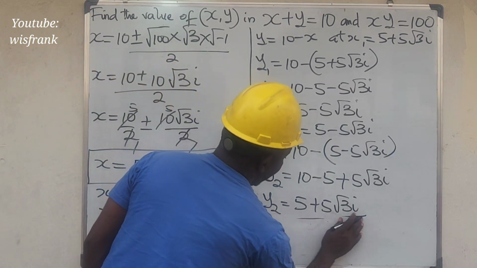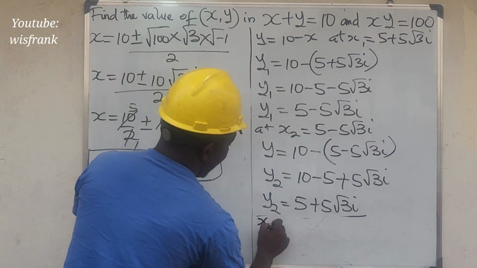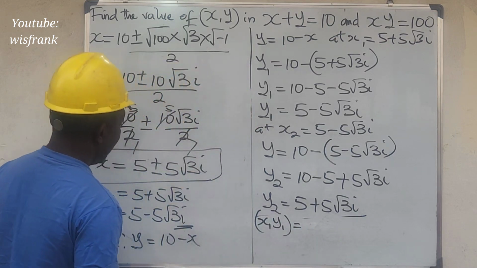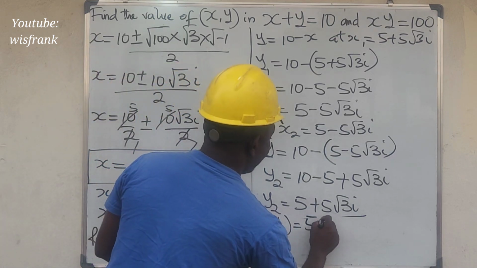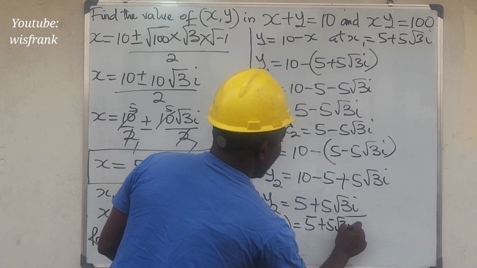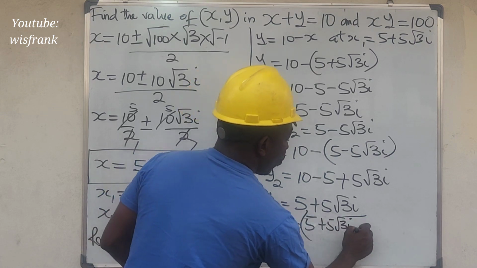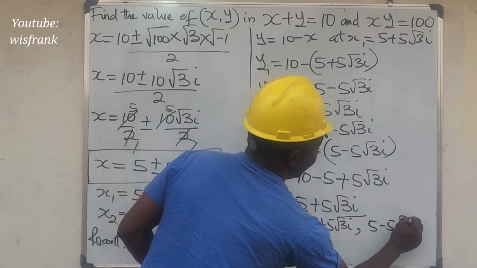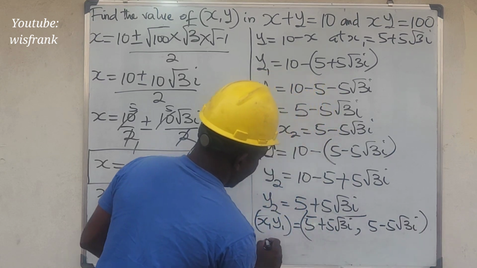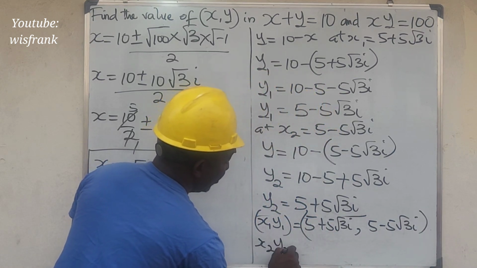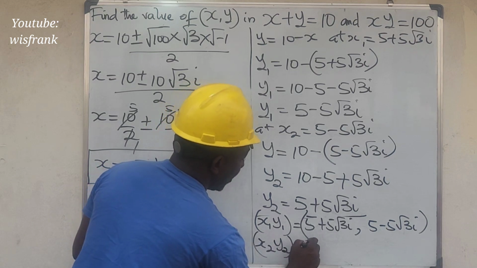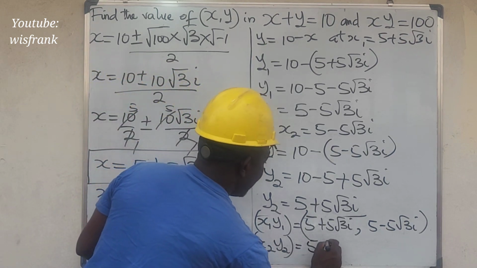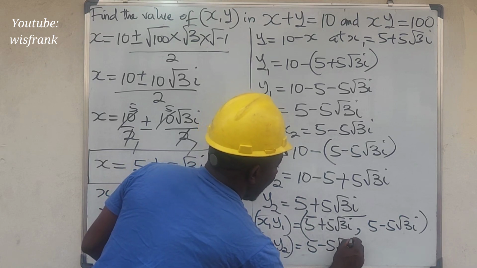So doing, we can write it out as x1, y1, where our x1 is 5 plus 5 root 3i. Then our y1 equals 5 minus 5 root 3i. Then x2, y2 will become x2 equals 5 minus 5 root 3i.